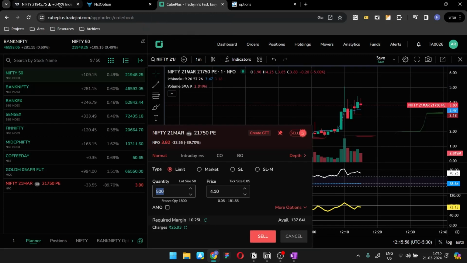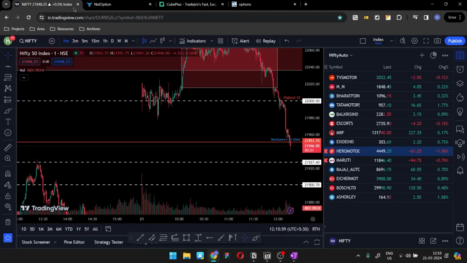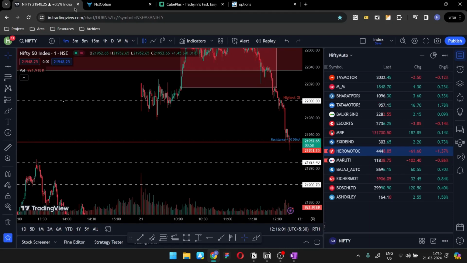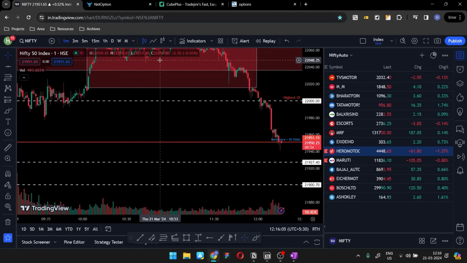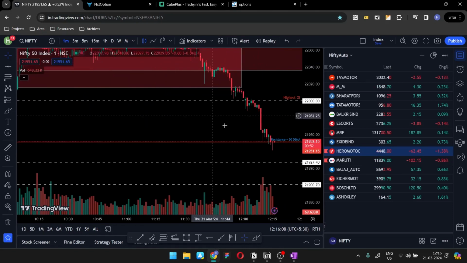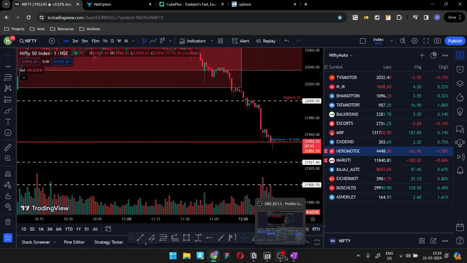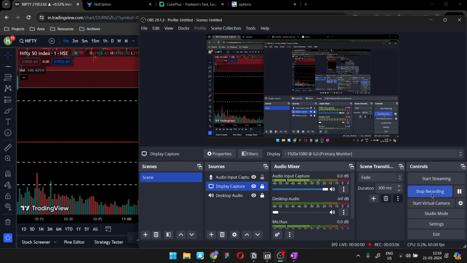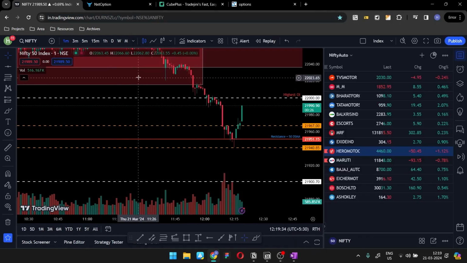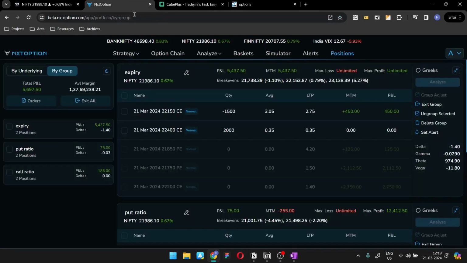Option is not spiking. Yeah, so we're going to be using this opportunity to short the calls, additional quantity.